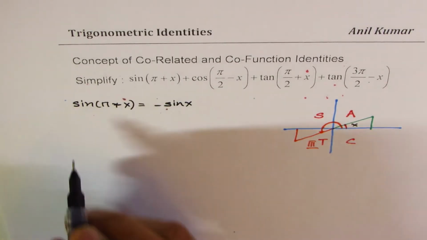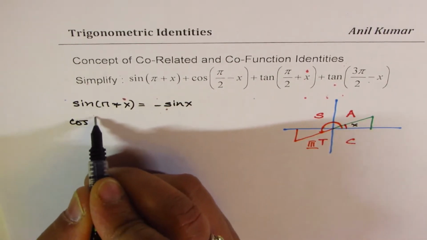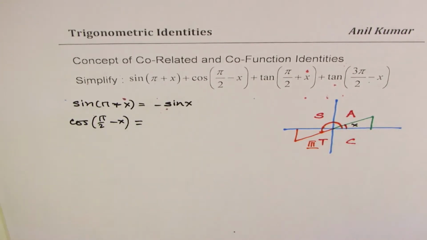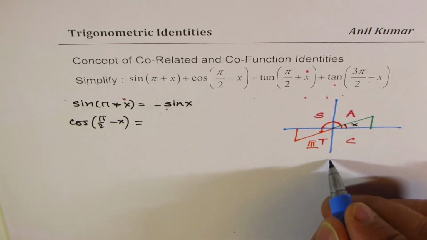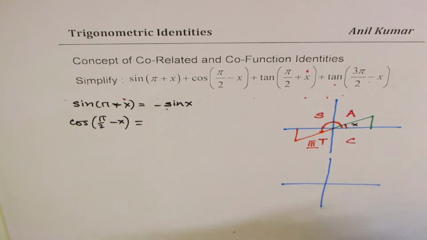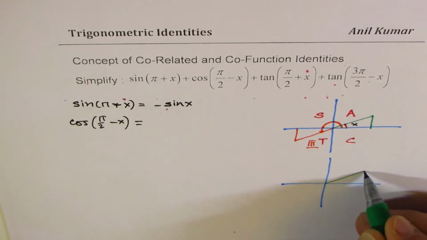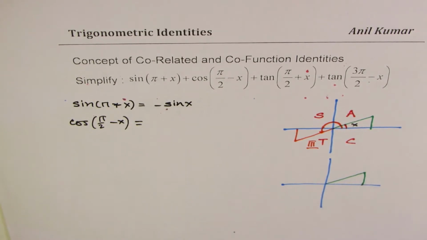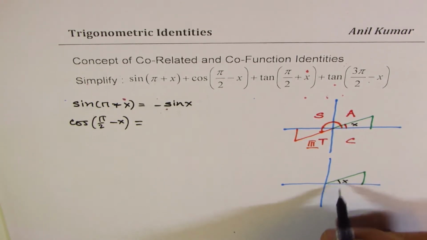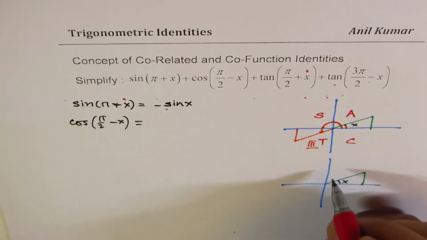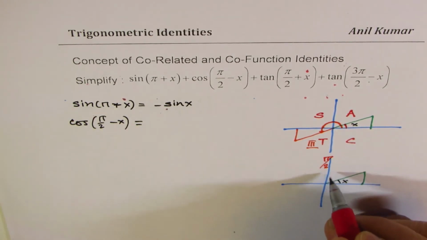Now let's look into the second one, which is cos of pi by 2 minus x. Now for pi by 2 minus x, I'll actually make another triangle here just to show you. Those are the cofunctions, right? So this is my triangle where the related angle is x. When I do pi by 2 minus x, that is pi by 2, correct?